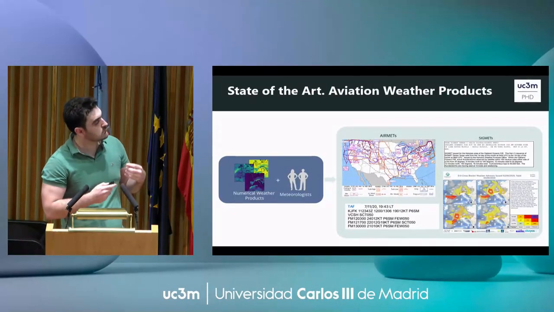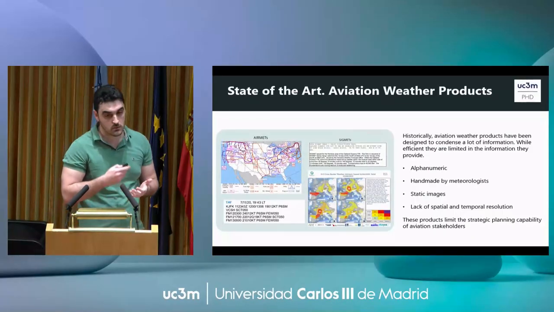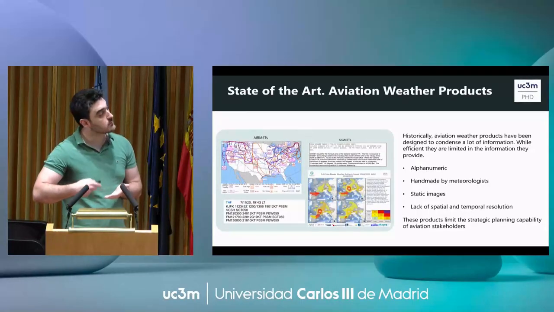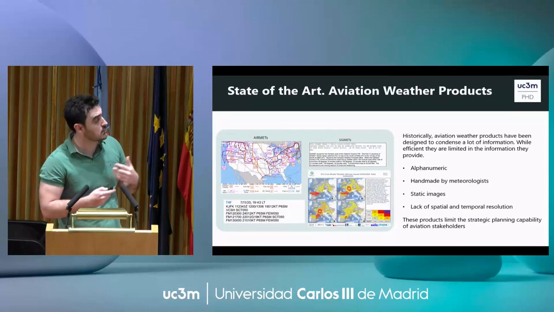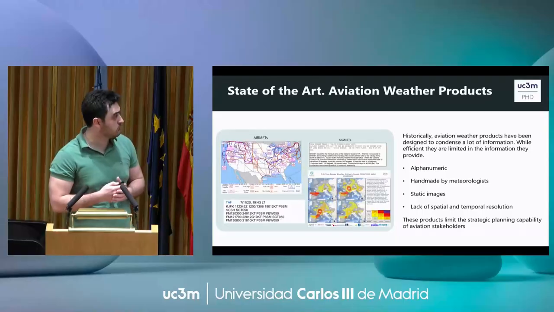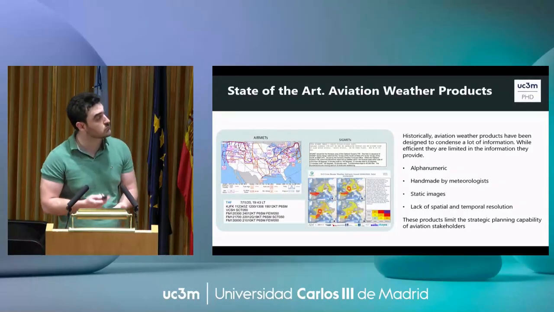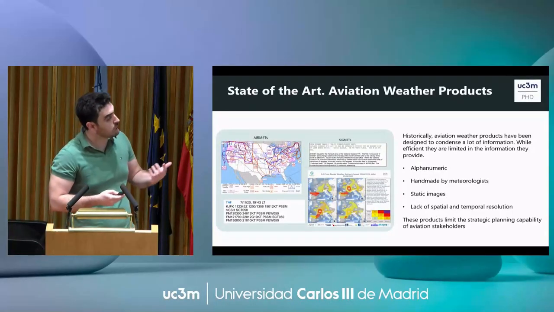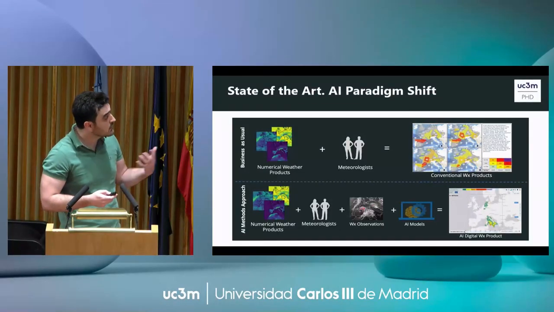But these products need to be handmade by meteorologists, which limits the update frequency of the forecast. Some of them, like the tabs of the SIGMET, are alphanumeric. Most of them, if not all, lack the spatial and temporal resolution needed to improve the decision-making process. This is one of the reasons why convection keeps being a challenge for aviation.